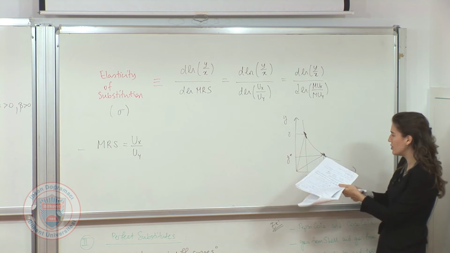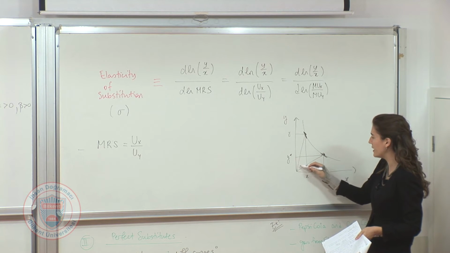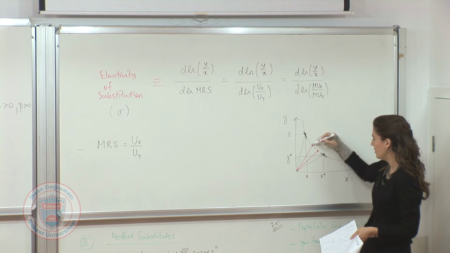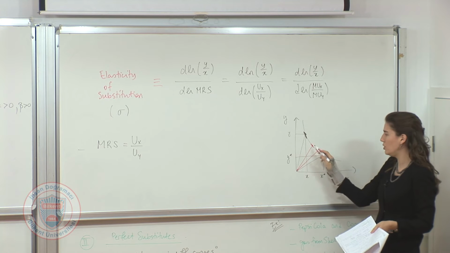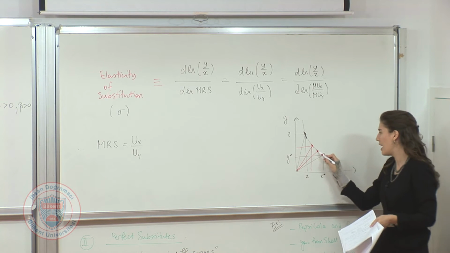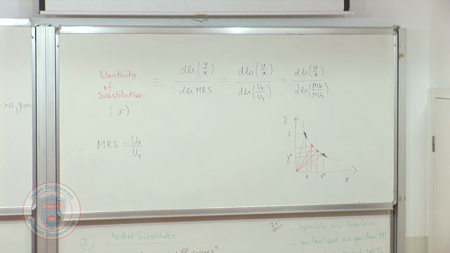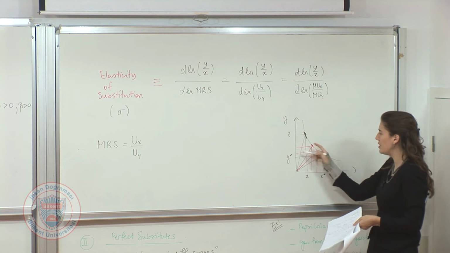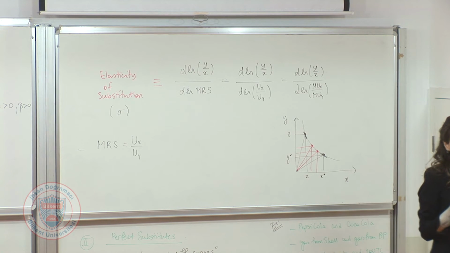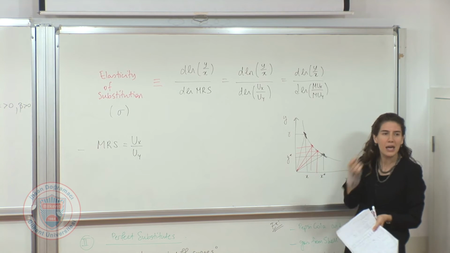If you change the good mix, if you look at this case, or if you have a case like this, for instance, if you change the good mix here and here, okay? So you change the y over x ratio, the ratio of the goods, and they will correspond to new marginal rates of substitution. But apparently, the percentage change in the good mix divided by the percentage change in the marginal rate of substitution would still be the same number, okay?